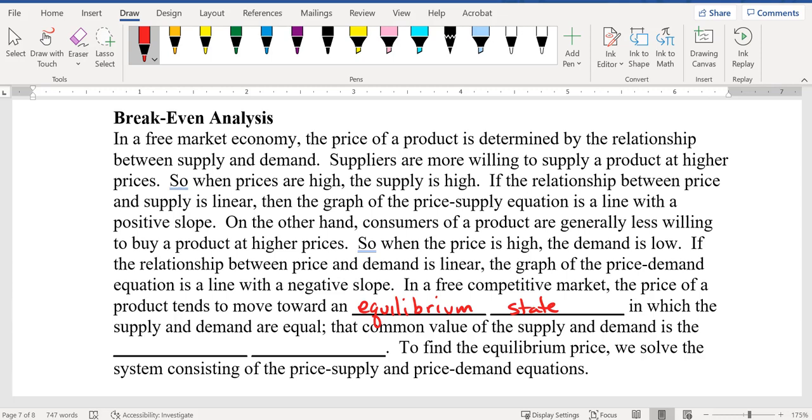That common value of the supply and demand is called the equilibrium price. To find the equilibrium price, we solve the system consisting of the price supply and the price demand equations. All right, let's go look at an example.